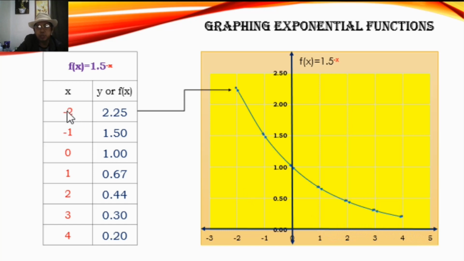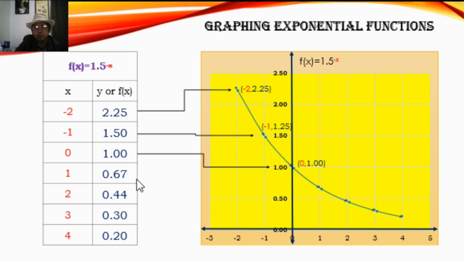Now let's consider the points. Where are the points located? Here, the next one, negative 1 and 1.5. Next, 0 and 1.